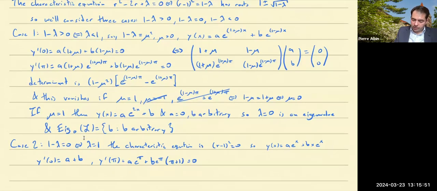If this is equal to 0, then a is equal to minus b. So then this would come down to b times pi times e to the pi equal to 0. So that tells us that b is equal to 0, and then this previous equation tells us that a is equal to 0. So this is not an eigenvalue.